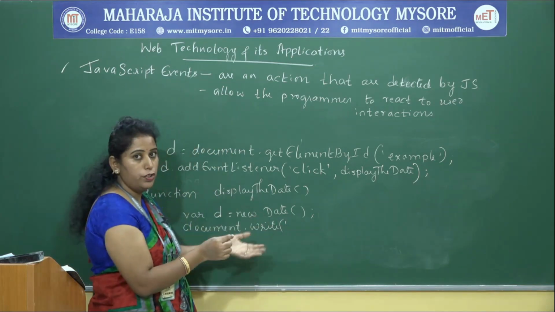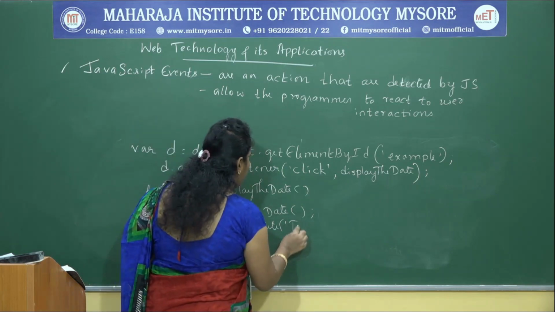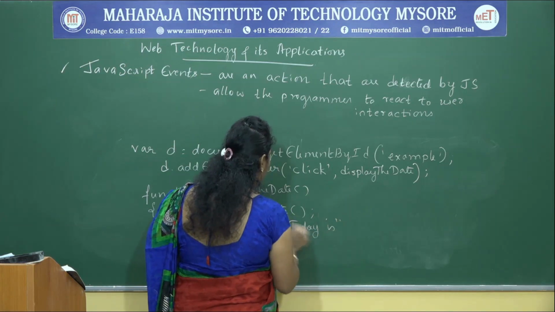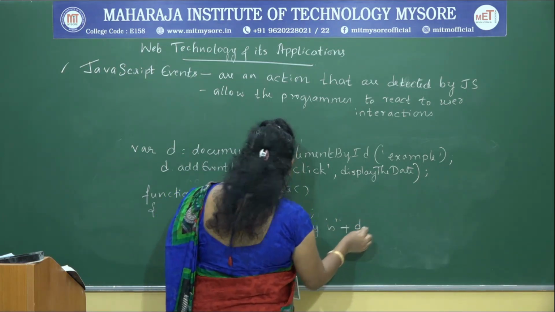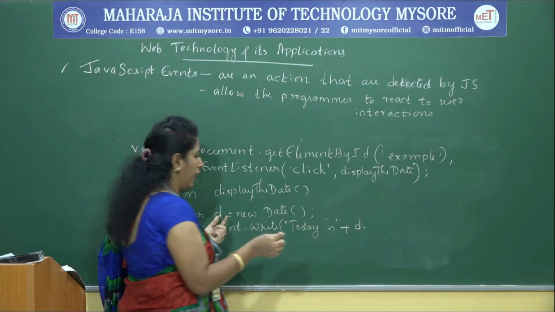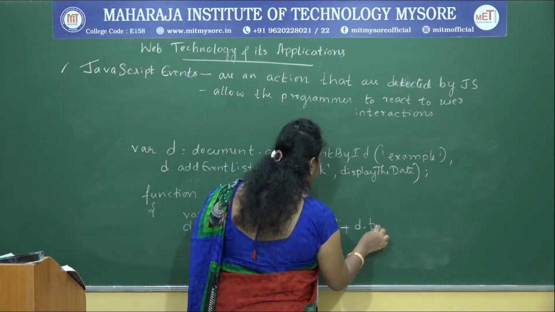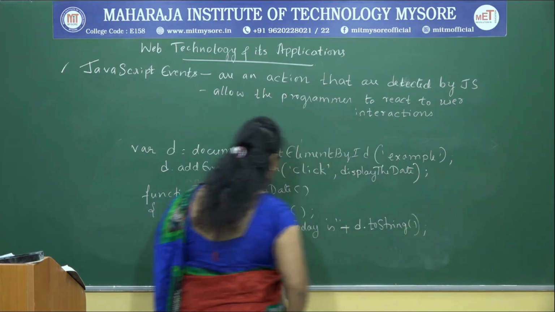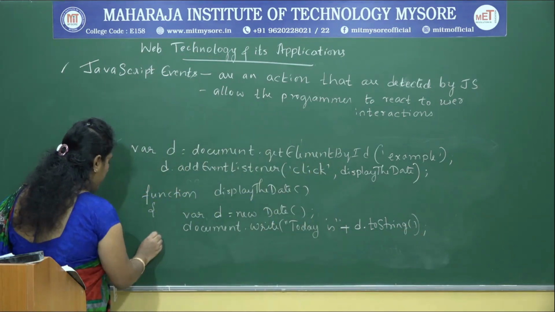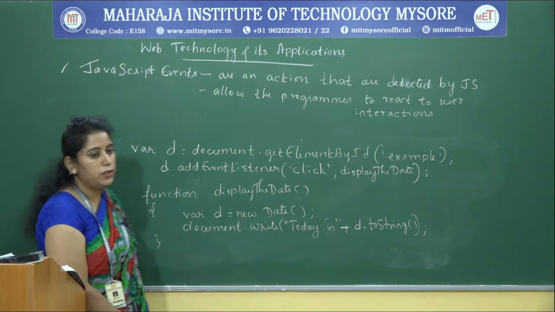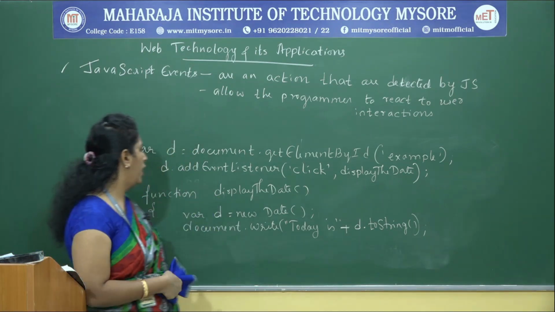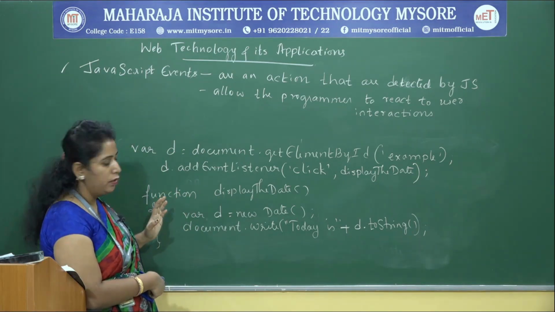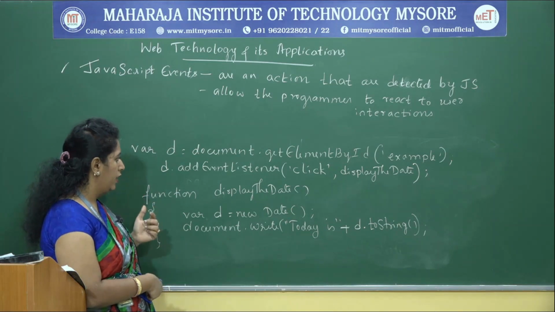Any message which you wish to print on the screen, that is, Today is, I can give in this way, plus D, where the date has been calculated, toString. Then close the function. So this is one example where we are using multiple handlers to handle different objects.